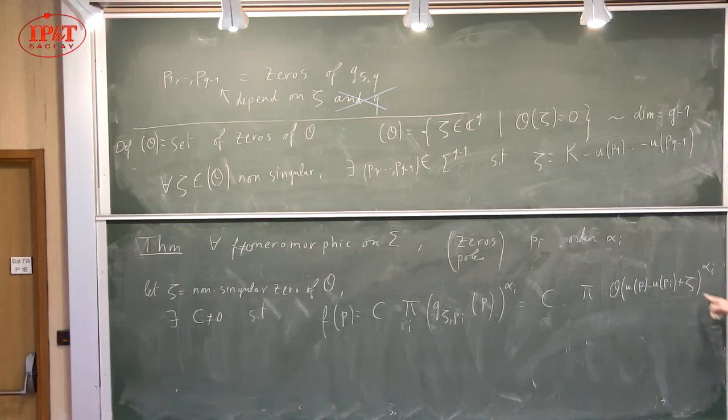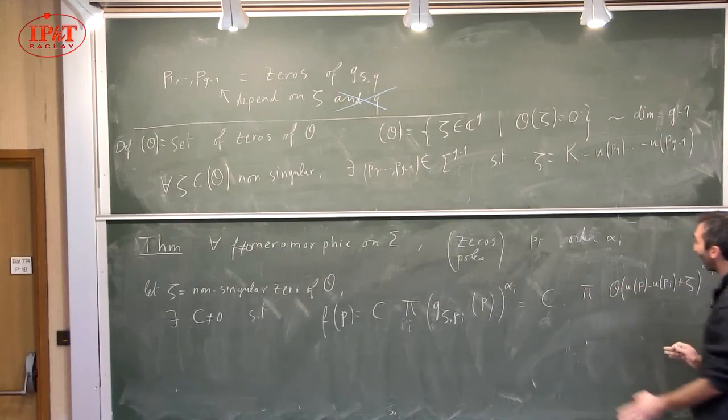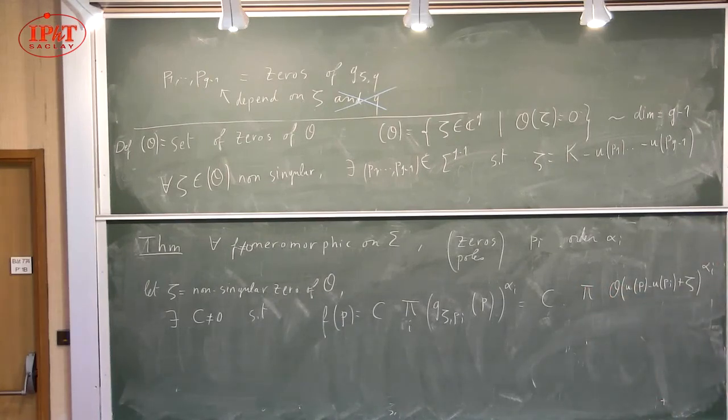Since theta of zeta equals 0, this obviously vanishes at p equals pi to the order alpha i. So you see that the right hand side has the good poles and zeros.